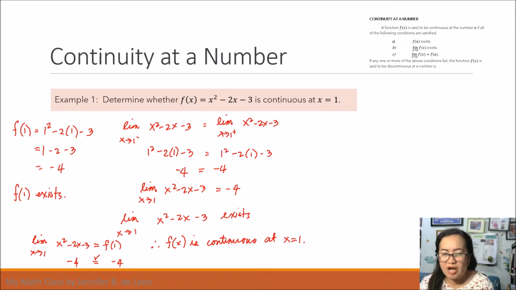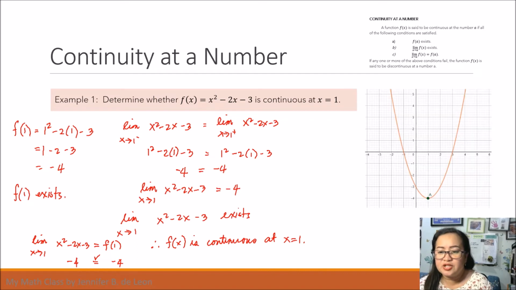We use a graphical method to confirm our conclusion that the function is continuous at x equals 1. Using GeoGebra or Desmos, we can have this graph and we can plot the point at which we have x equals 1.